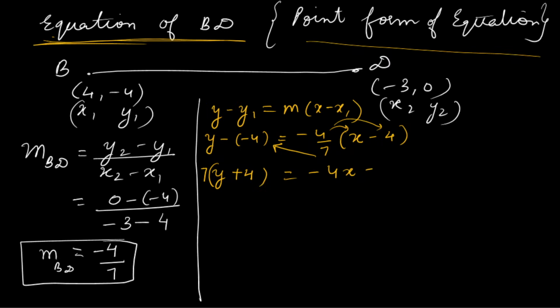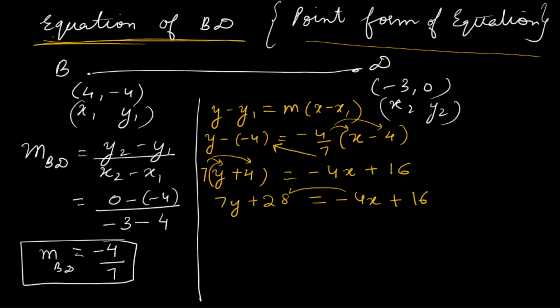A minus into minus is plus, so minus will be changed to plus. 4 into 4 is 16. Here also we'll do bracket multiplication. 7 into y is 7y, 7 into 4 is 28. Multiply with both the terms. Okay, so 7y plus 28 is equal to -4x plus 16.